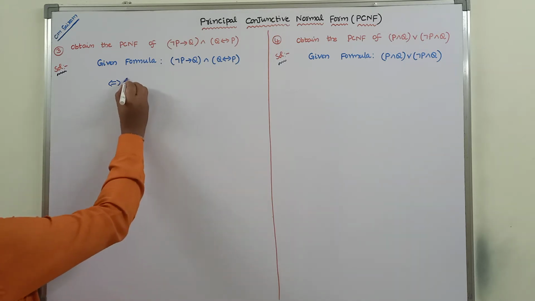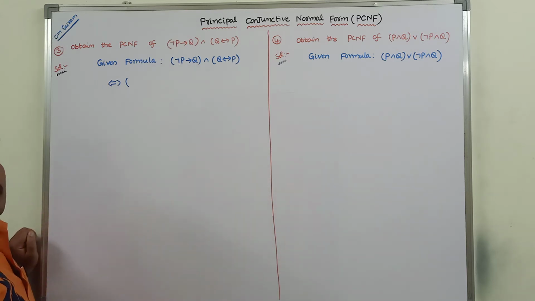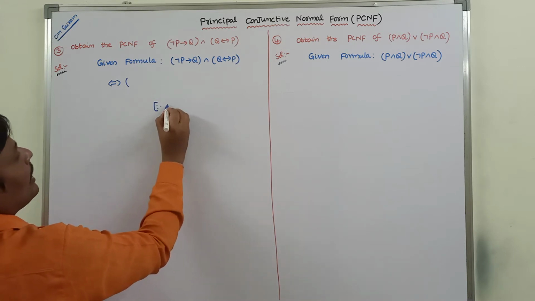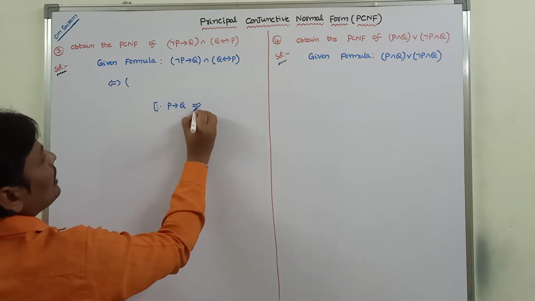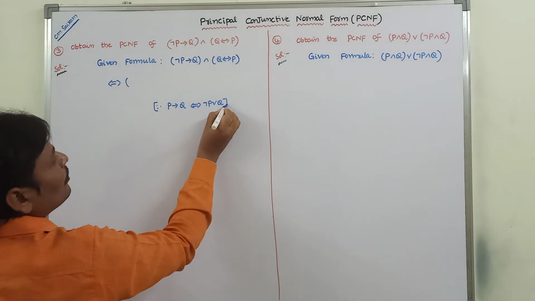Here P conditional Q can be written as negation P or Q. We already know that P conditional Q is logically equivalent to negation P or Q.